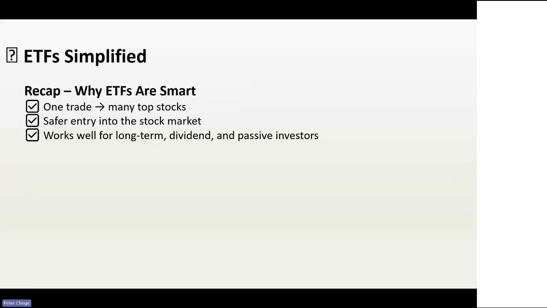So why are ETFs smart? One trade, you have many top stocks within it. Safer entry into the stock market. Remember, it's diversified. There's spread, and it works well for the long term, also for dividends, because for the stocks within that ETF, if they declare a dividend, you still get it.